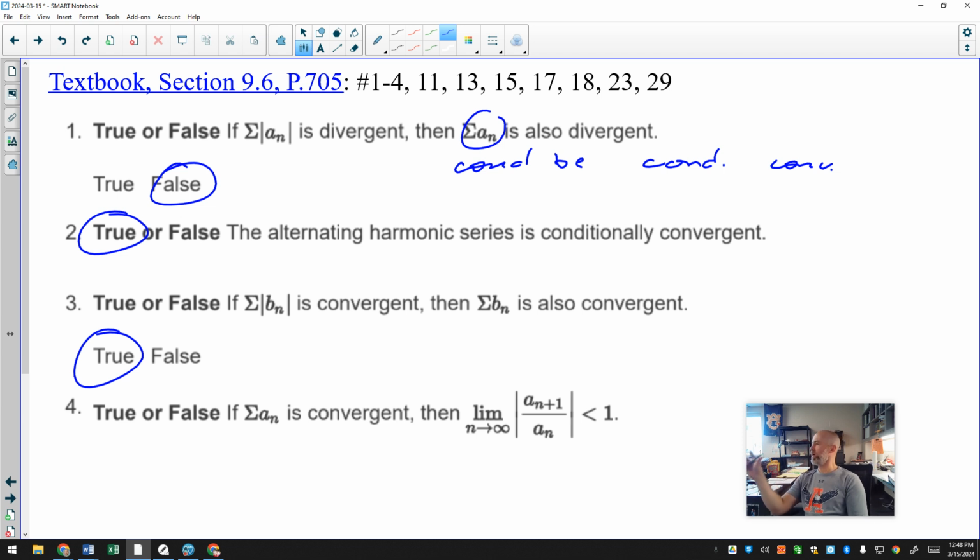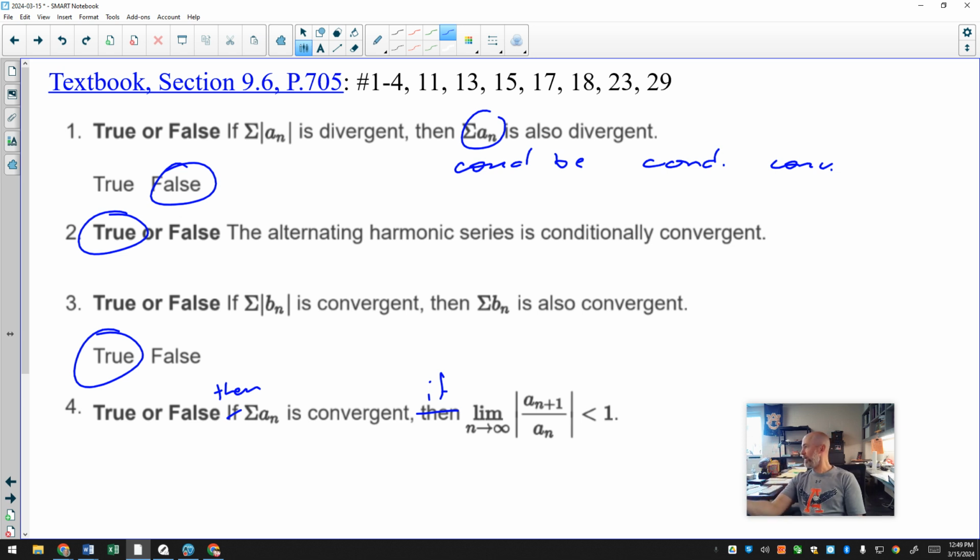What are they asking you about on that? They're trying to gauge your understanding of the ratio test, right? Now the ratio test does say that if the limit of the ratio is less than 1, then the series is convergent.